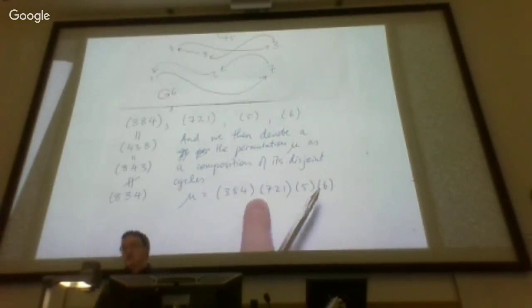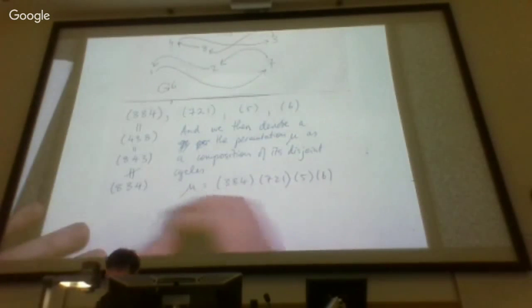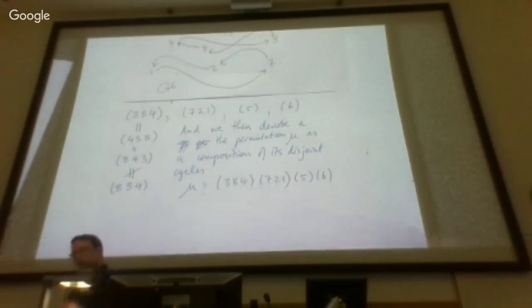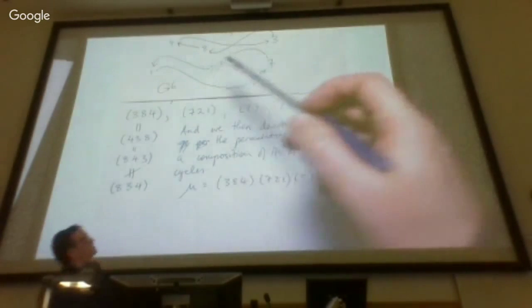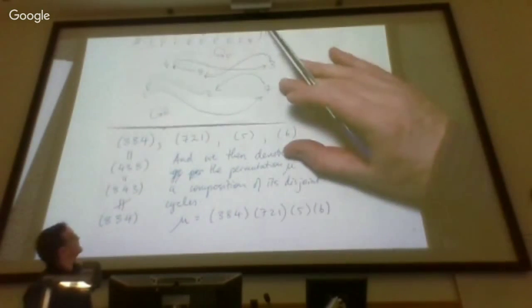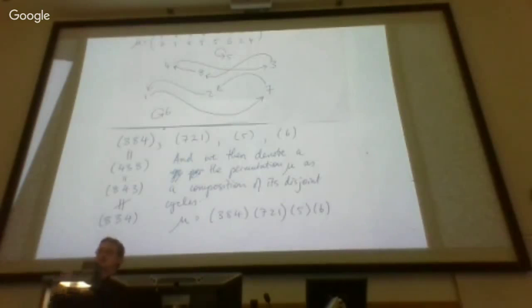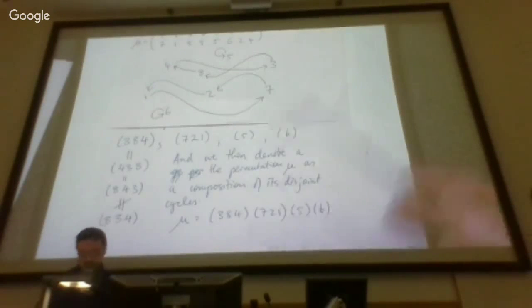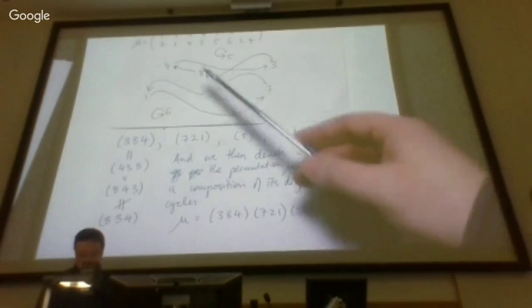Now, the operation that's taking place here is still composition. However, because these cycles are disjoint, it doesn't matter in what order we apply them. If you want to apply the operation mu, send everything to its image under mu, it doesn't matter whether you send 1 to 7 first, and then 7 to 2, and then 2 to 1.